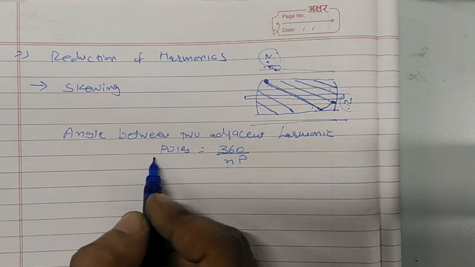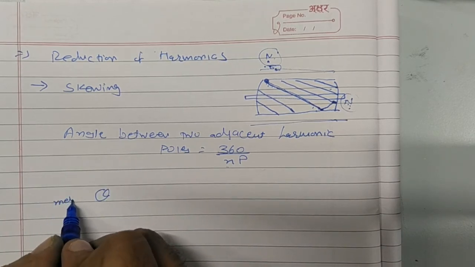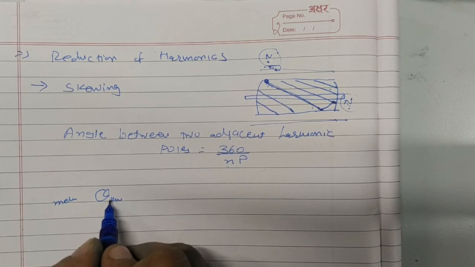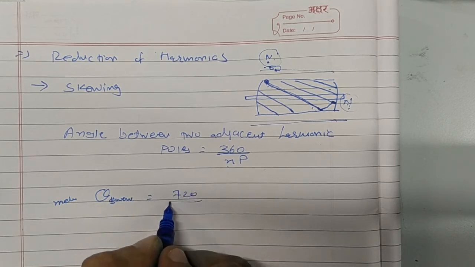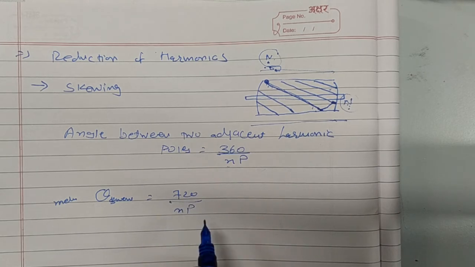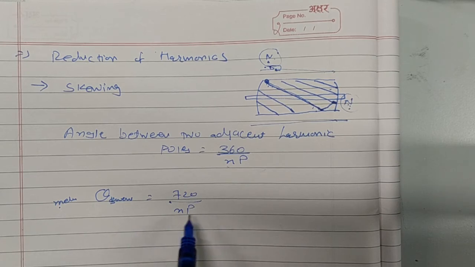And the skewing angle theta, this is a mechanical angle, is given by 720 by NP. As this is a mechanical angle, I need to convert it into electrical, so I simply multiply it by P by 2.